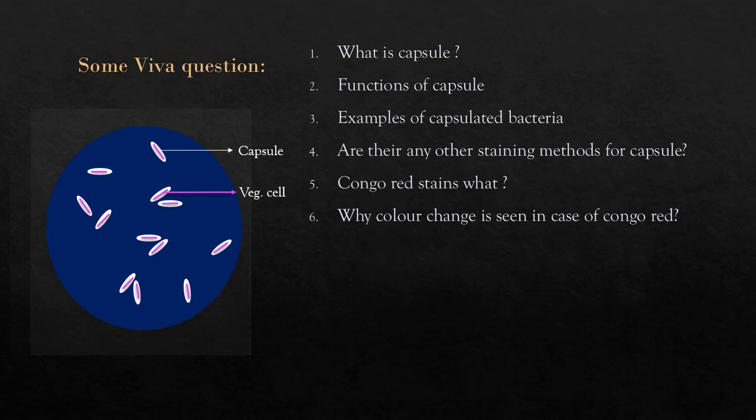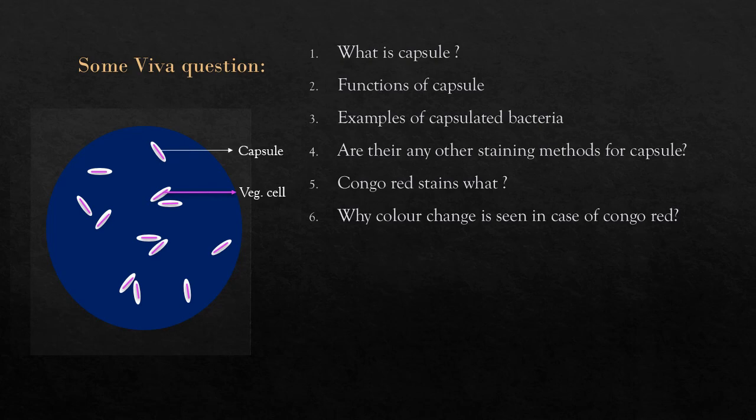Then, other than this particular staining method, are there any other techniques used? Then, what is the function of Congo red? In this technique, Congo red turns red to blue and it stains the background blue to get a contrast effect.